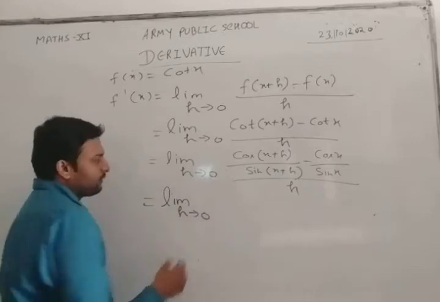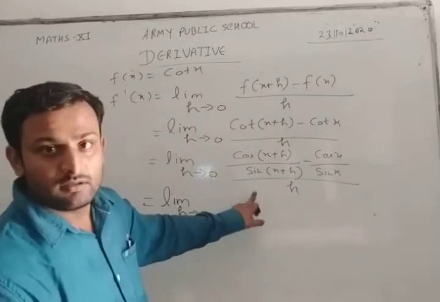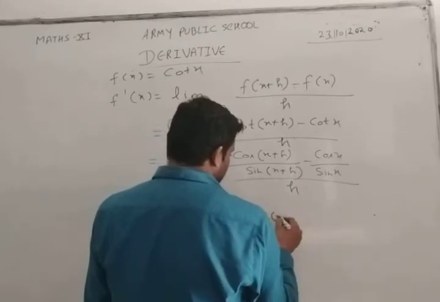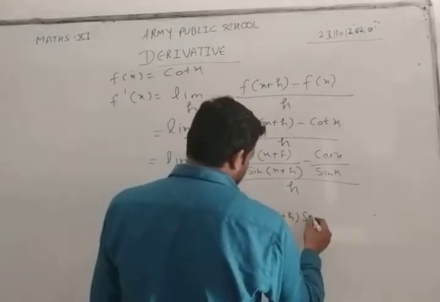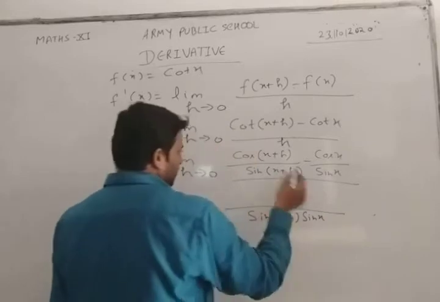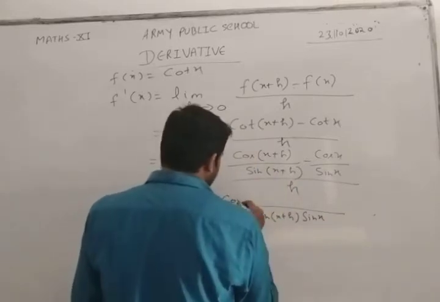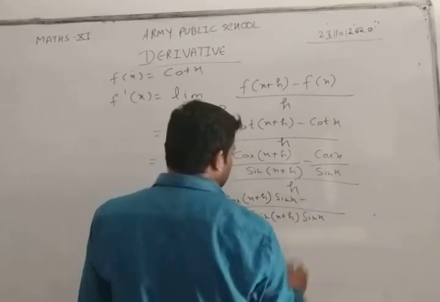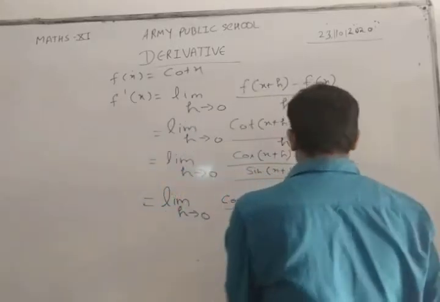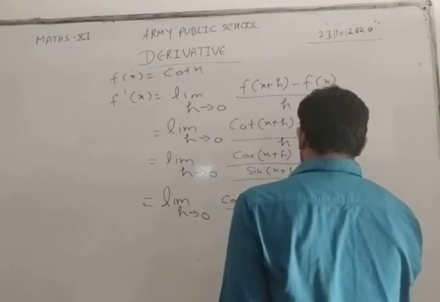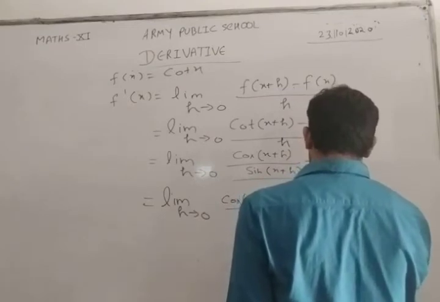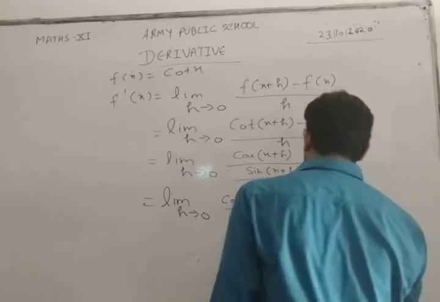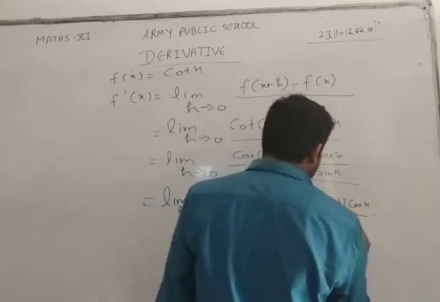Limit h tends to 0, what will we get? Sin(x+h) sin x in the denominator. In the numerator, cos(x+h) sin x minus sin(x+h) cos x, and the whole divided by h.